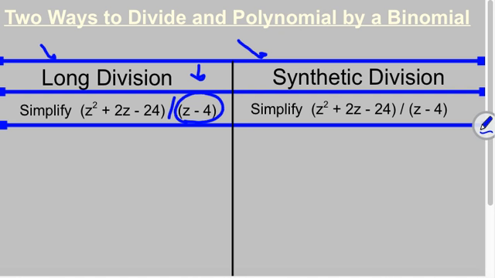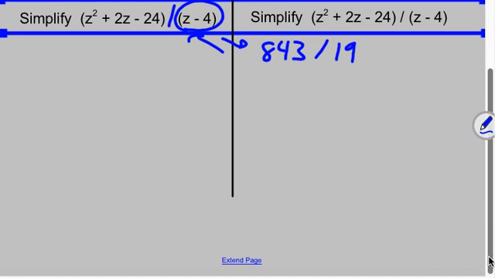Now long division is just that, what you guys are used to back in the day. Something like 843 divided by, we'll say 19. We're going to set this problem up right here the same way that we set this problem up using long division. So, let's give ourselves a little room.